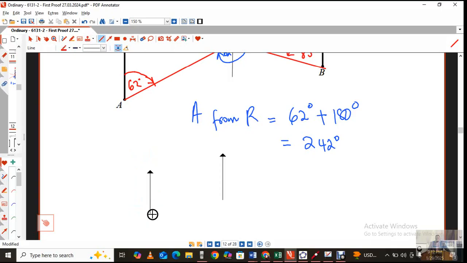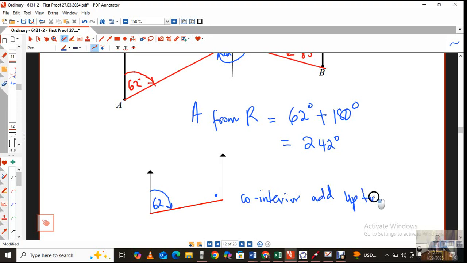The lines are parallel. I know this angle here is 62 degrees. I should be able to calculate this angle because co-interior angles are supplementary, they add up to 180 degrees. Essentially, that little dot that I put there, if I want to find out what that angle is, it's going to be 118 degrees.